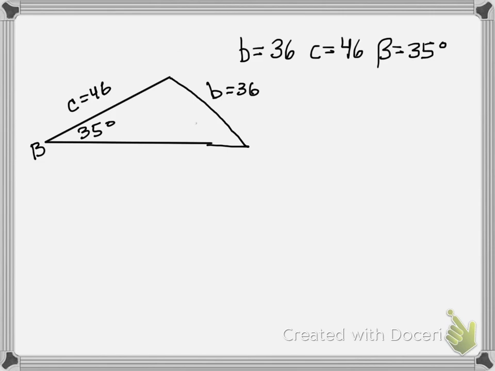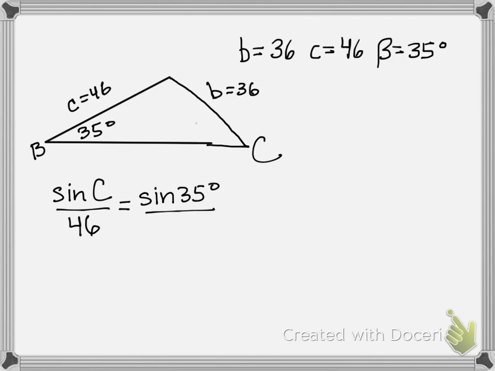I'm going to solve for angle C. So it's going to be sine C, which is what I'm looking for. Sine C over 46 is equal to sine of 35 degrees over side B, which is 36.